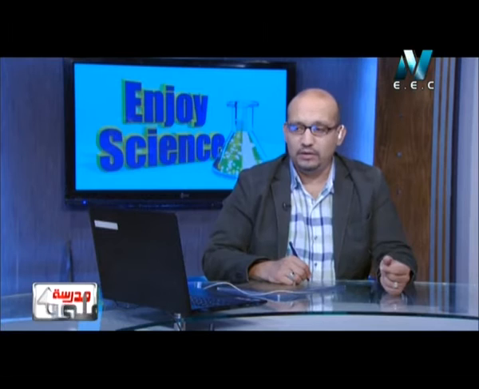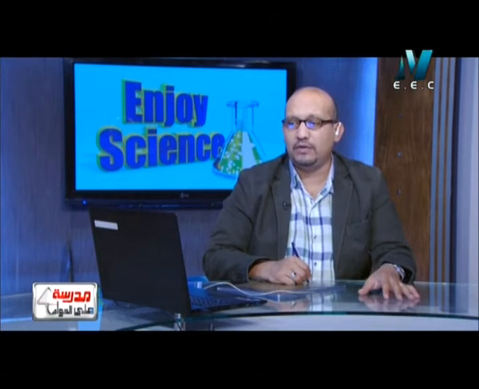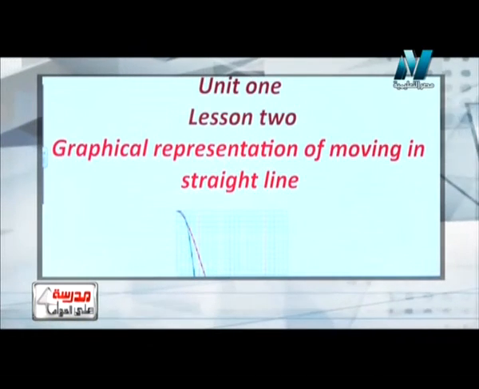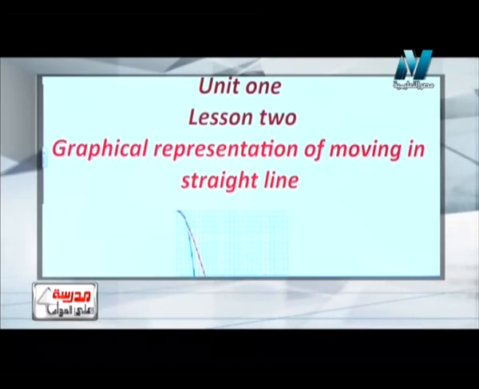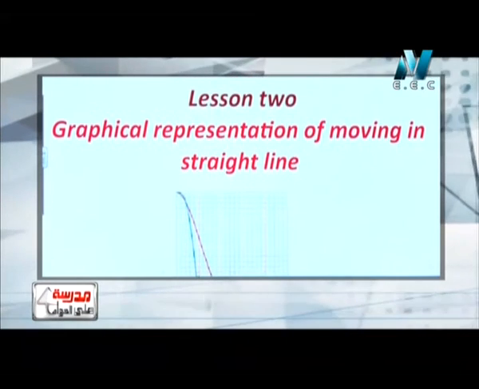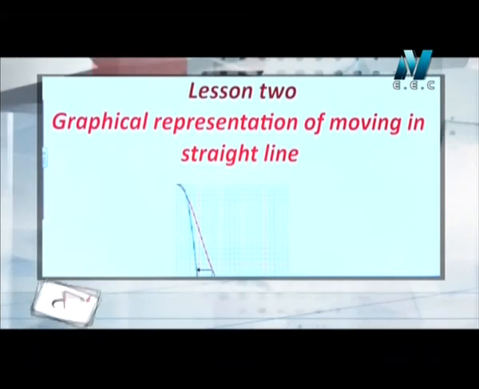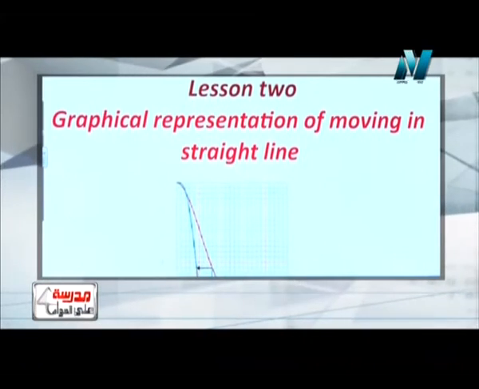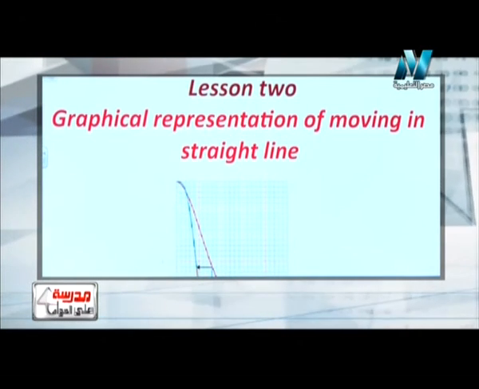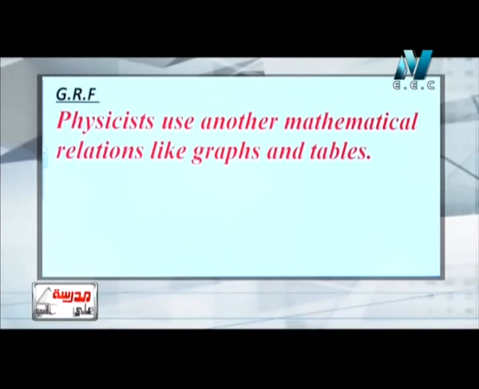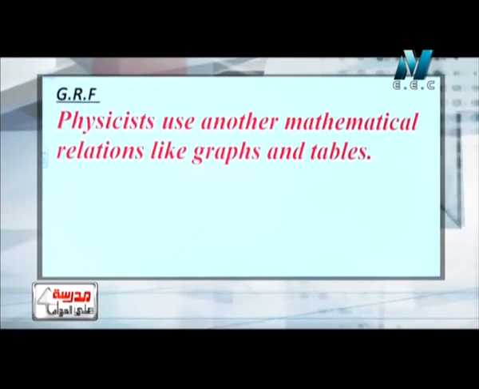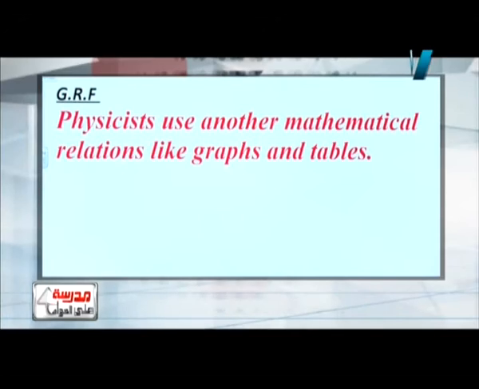As we see here on the screen, unit 1, lesson 2: graphical representation of motion in a straight line. We have a first question here, and this question is very important.